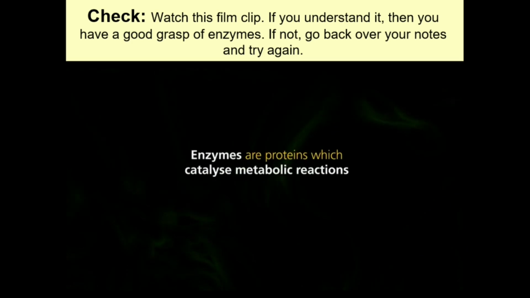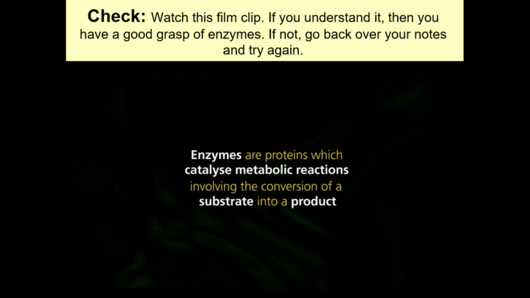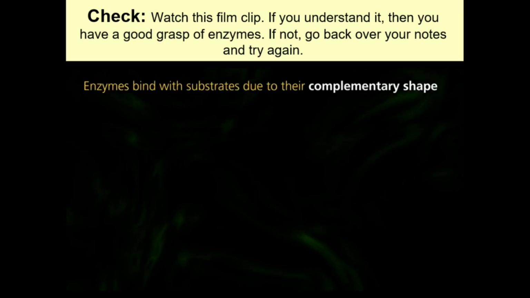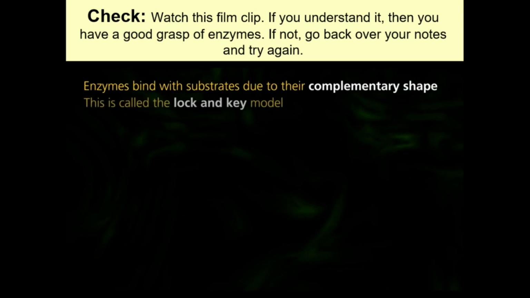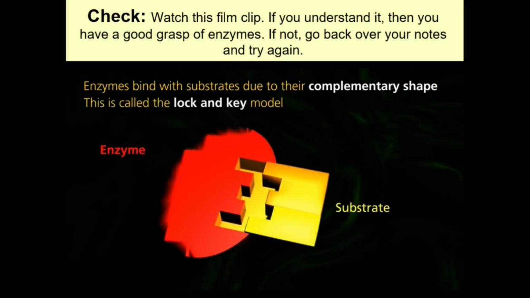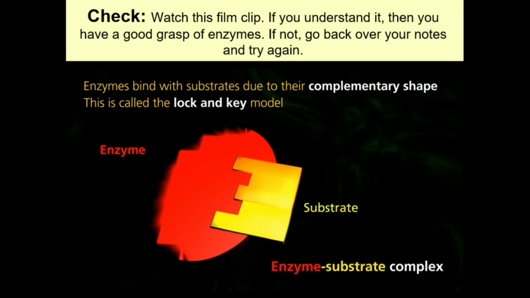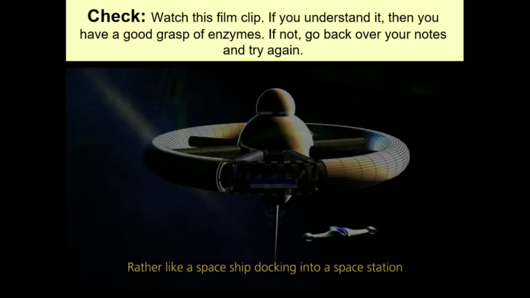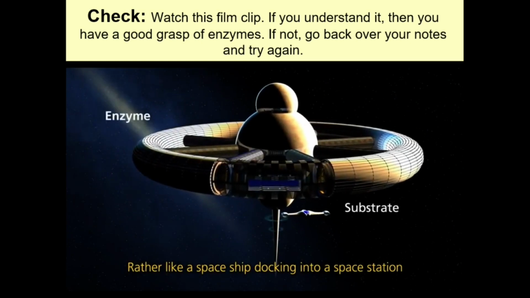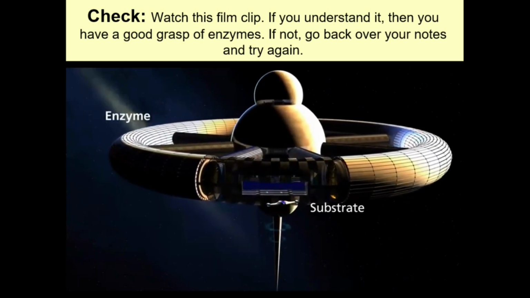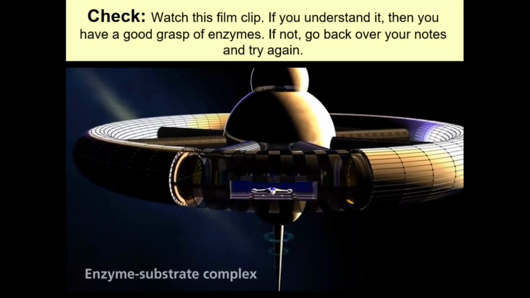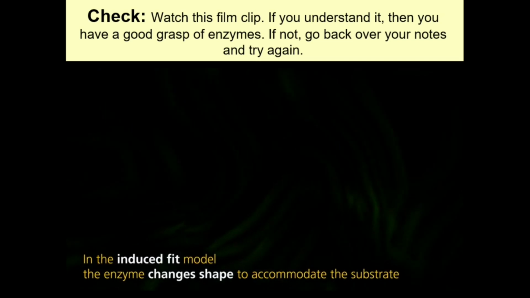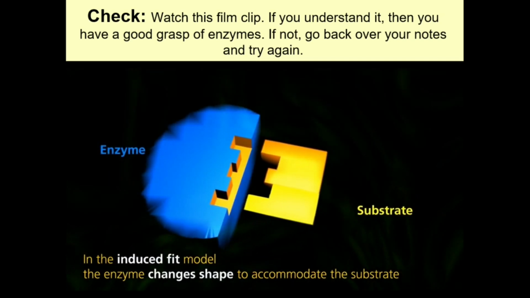Enzymes are proteins which catalyse metabolic reactions involving the conversion of a substrate into a product. Enzymes bind with substrates due to their complementary shape. This is called the lock and key model. Rather like a spaceship docking into a space station. In the induced fit model, the enzyme changes shape to accommodate the substrate.